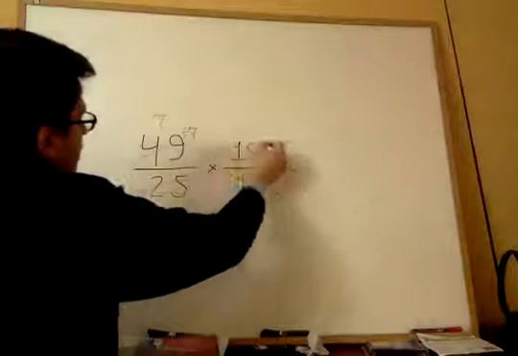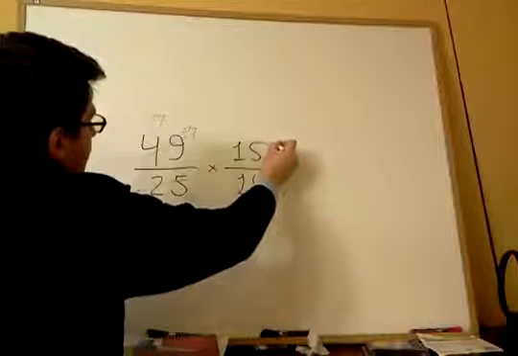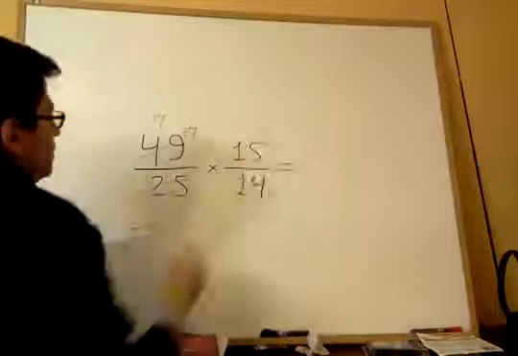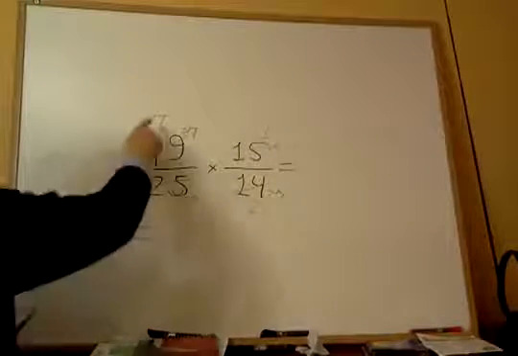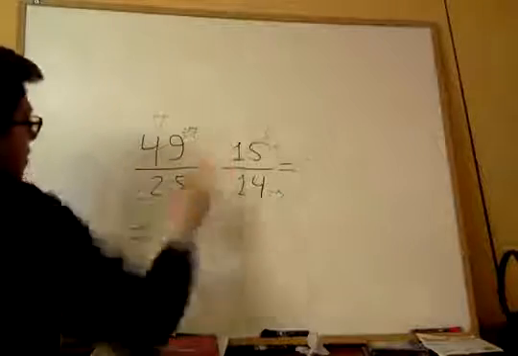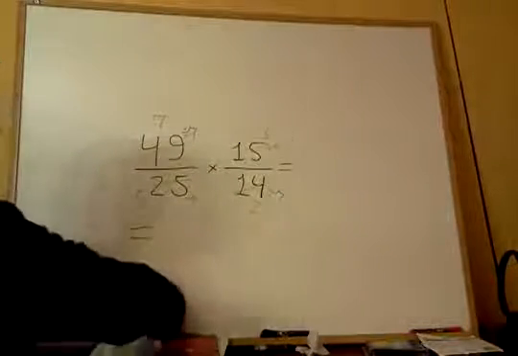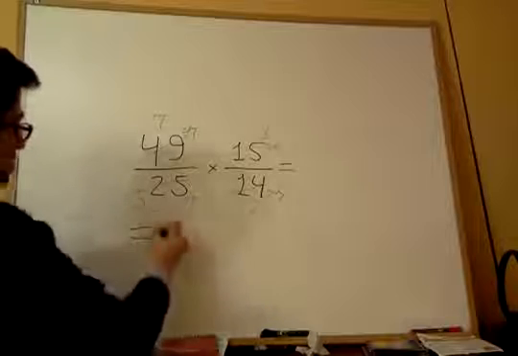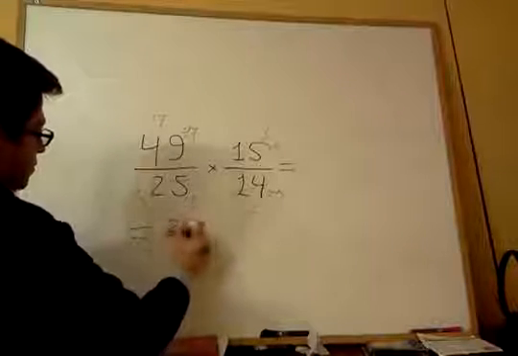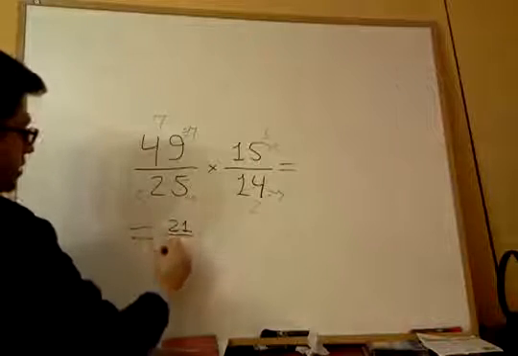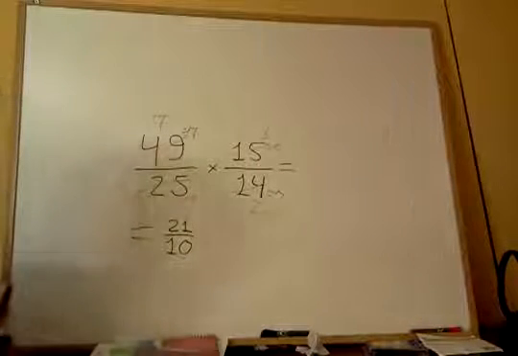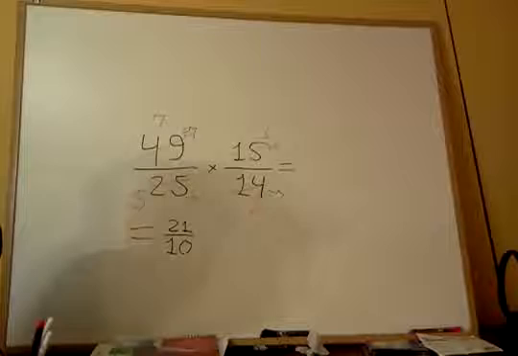And 15 divided by 5 will be 3. So now what I do, 7 times 3, which is 21. And I do 5 times 2, which is 10. So the answer is 21 out of 10.